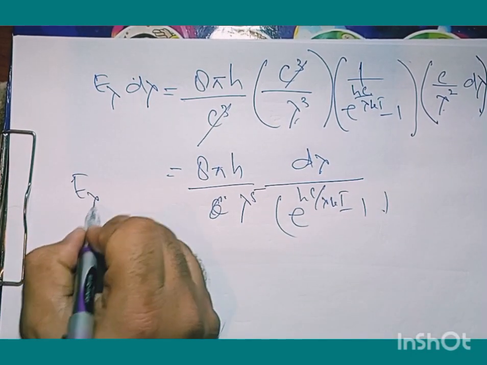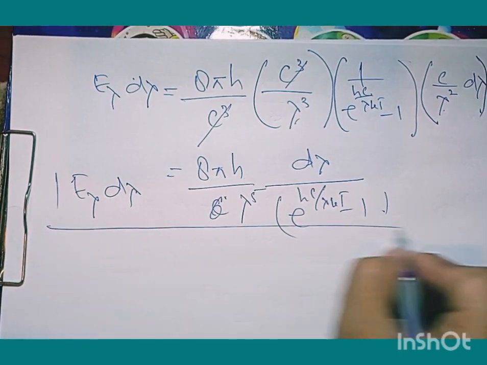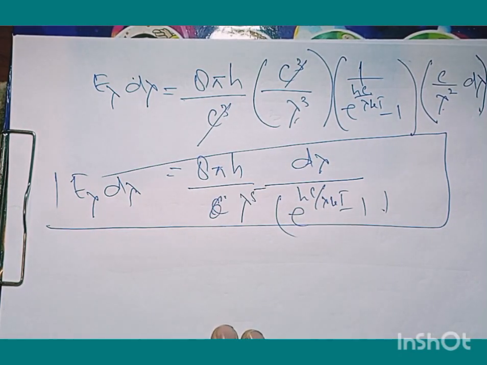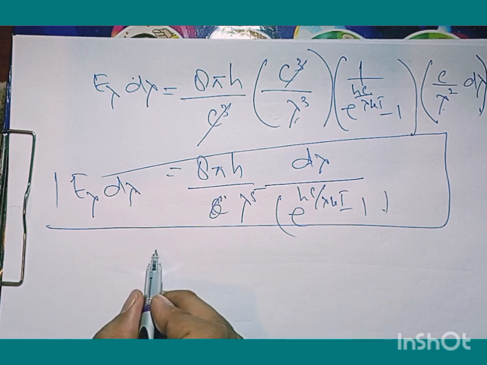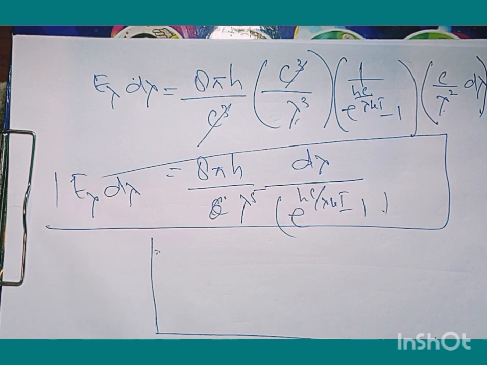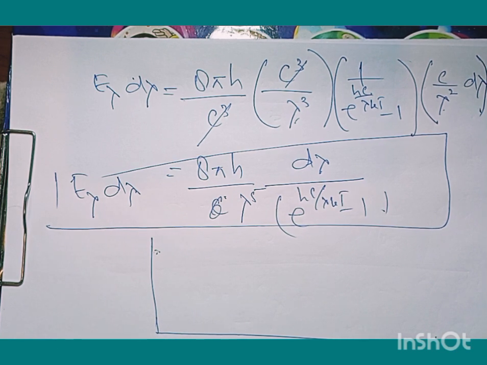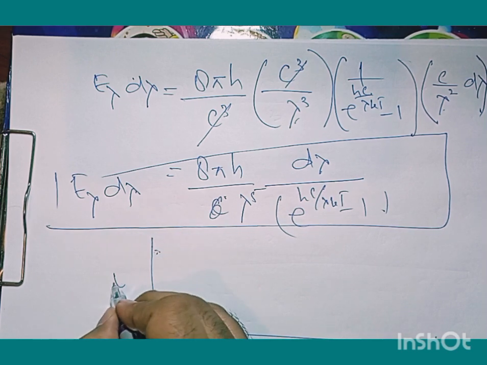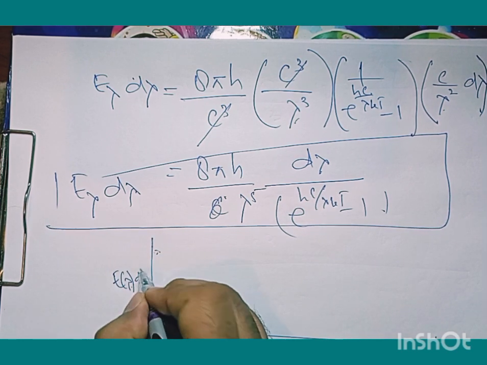So this is our Planck's equation in terms of the wavelength, and the result that we have obtained here is very much consistent with what is experimentally obtained. If I have to roughly estimate this equation, I can think of a graph like this, with lambda in terms of, say, micrometers, and this is E lambda d lambda.